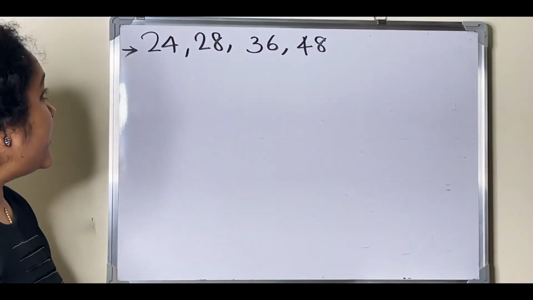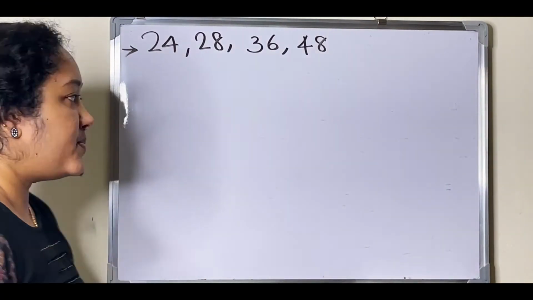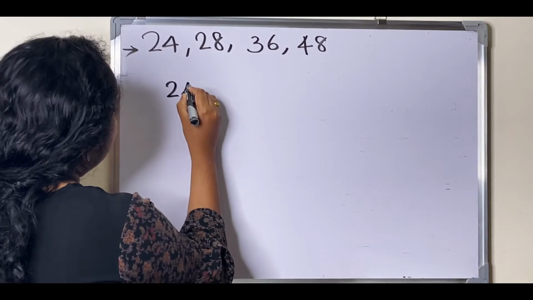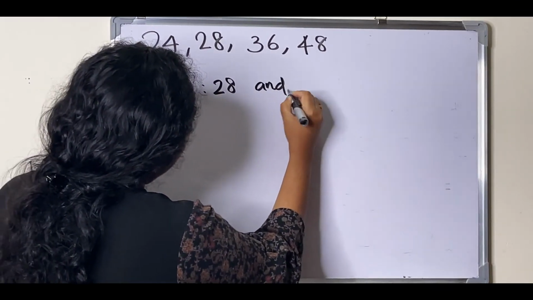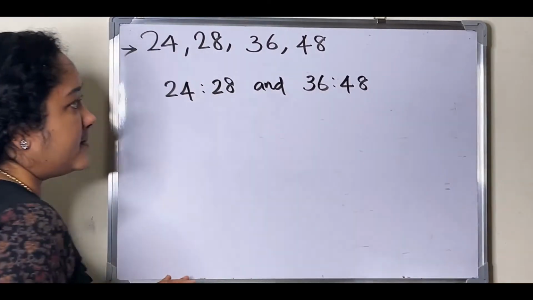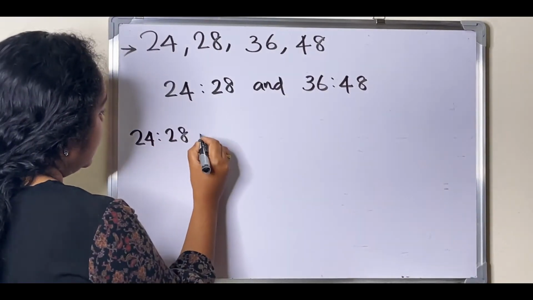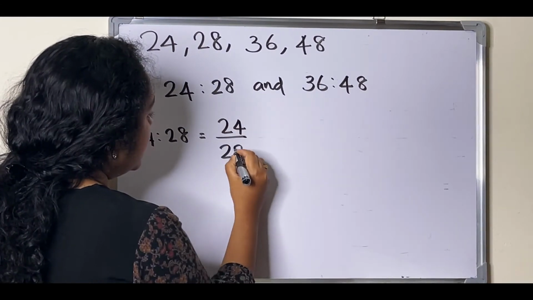Next question is 24, 28, 36 and 48. So first we write it in ratio form: 24:28 and 36:48. Next, 24:28 can be written as 24 by 28.